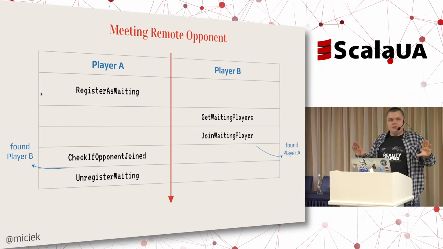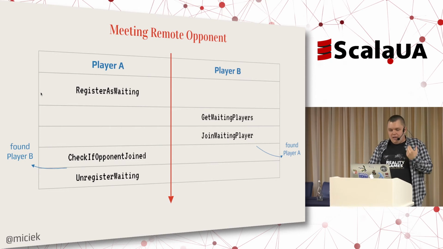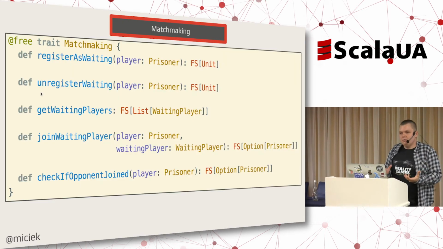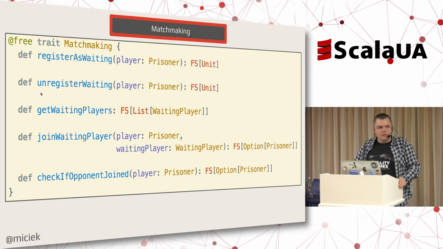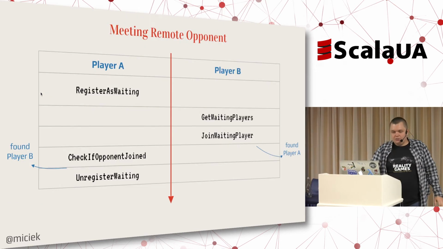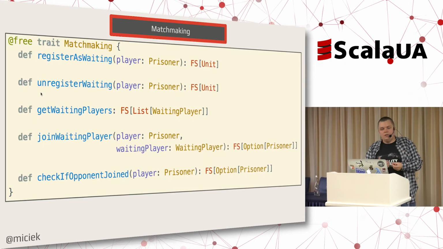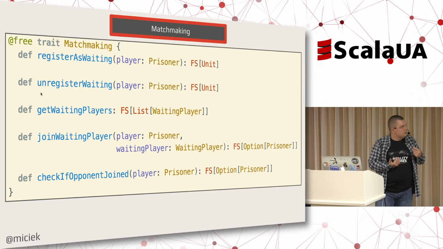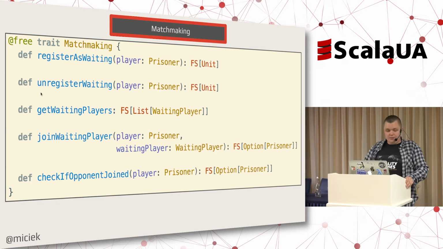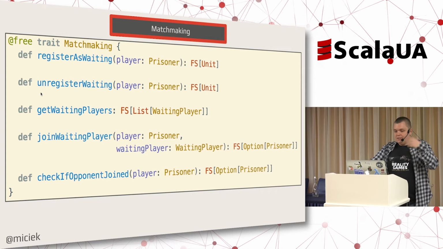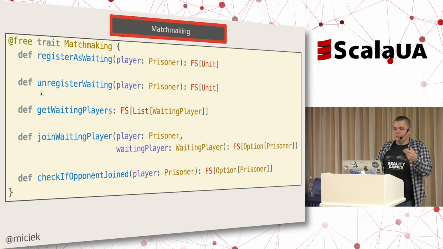But semantically, we are just talking about semantics. And if we are talking about semantics, we can just create another set of operations for matchmaking. So those 5 operations here are encoded as a free set of operations, right? So a set of operations to be used inside a free monad. So register waiting, unregister waiting, get waiting players, and so on and so forth.